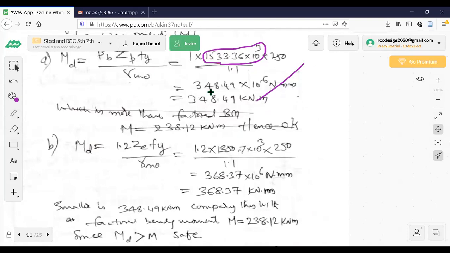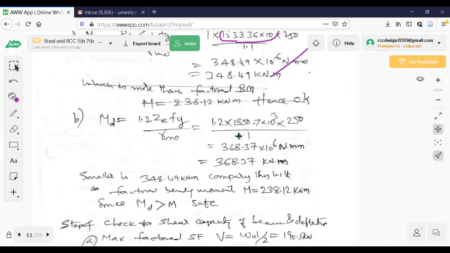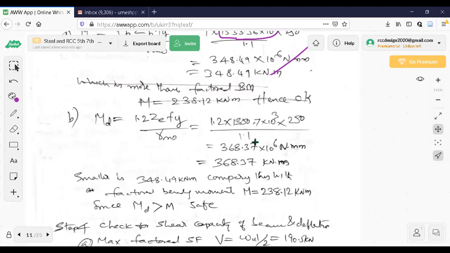Now this value should be more than the factored bending moment, which is already there. Already it is more than the factored bending moment. If the smaller of these two values is less than the bending moment, at that time the design has failed. You have to choose a higher, bigger size I section and then design it, or you should go for extra cover plates.